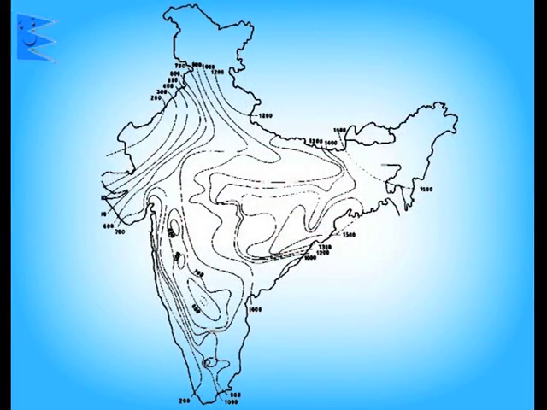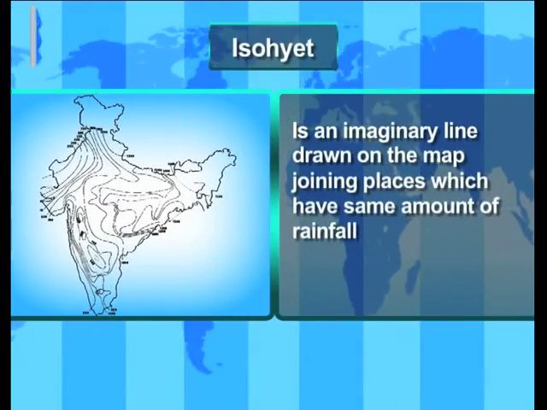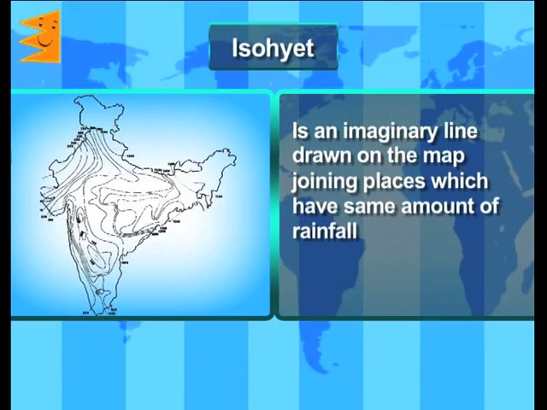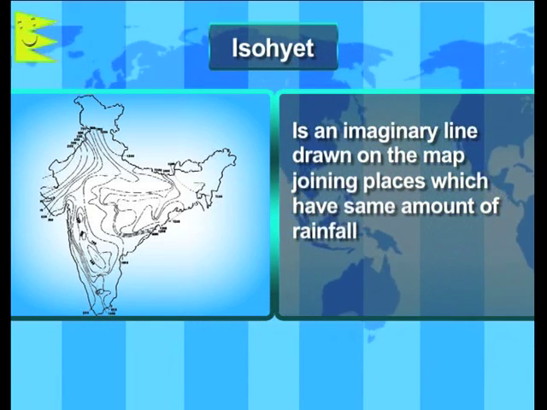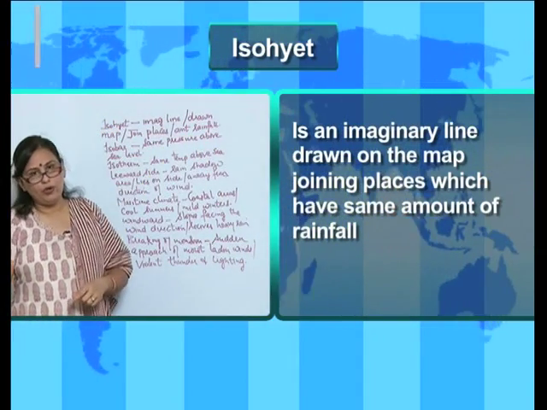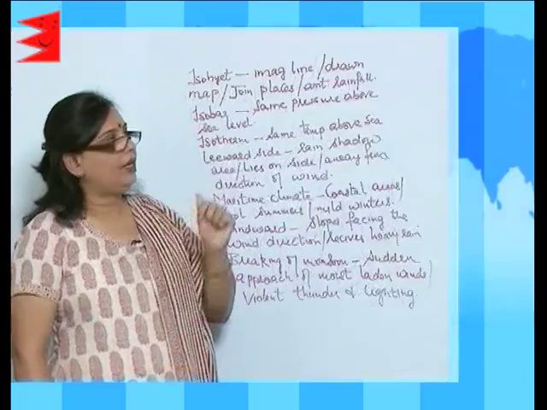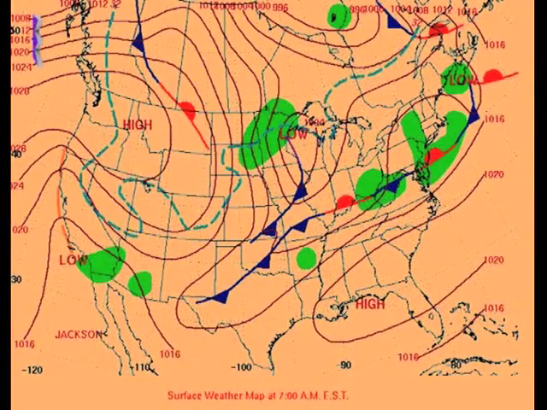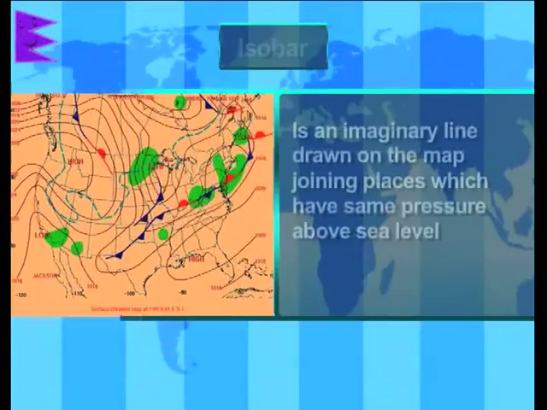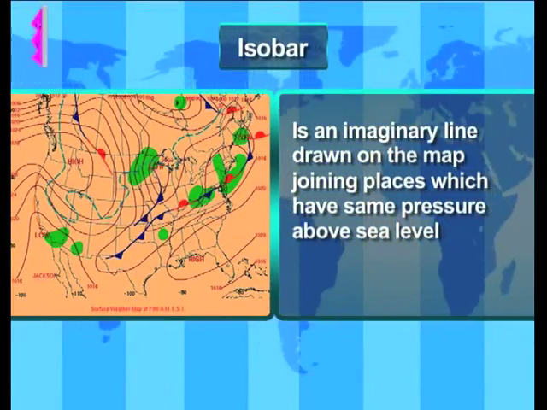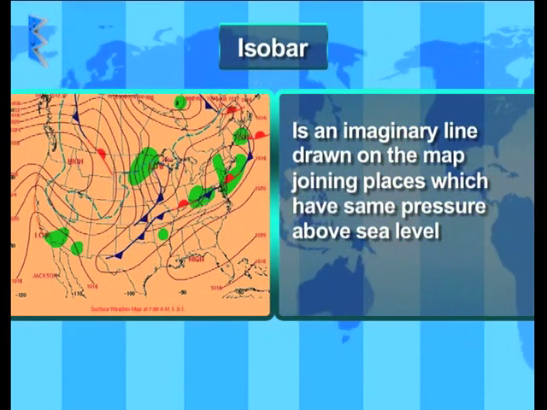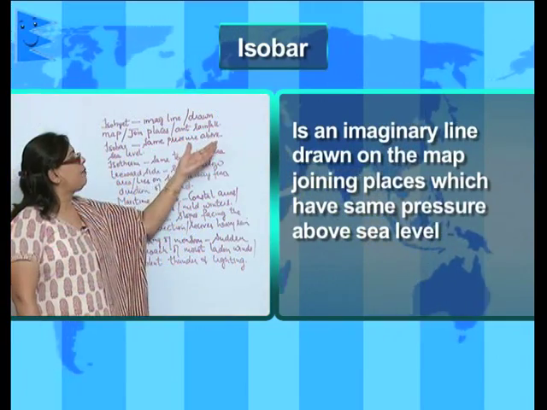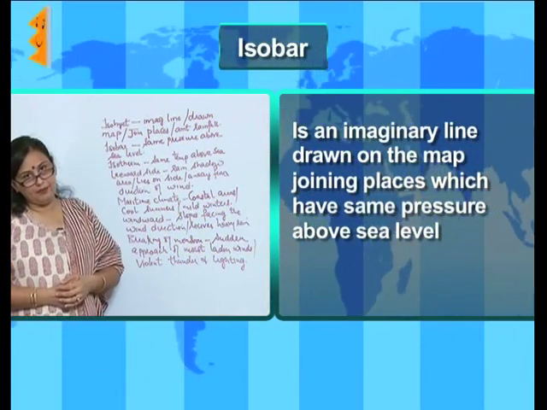Isohet. Isohet is actually an imaginary line which is drawn on the map joining places which have the same amount of rainfall. Next is isobar. Isobar again is an imaginary line which is drawn on the map joining places having the same pressure above sea level.